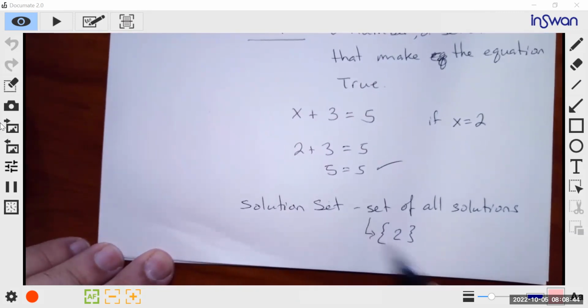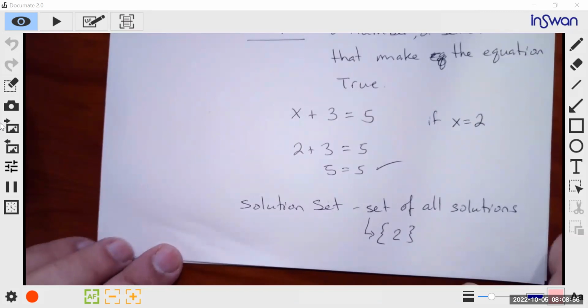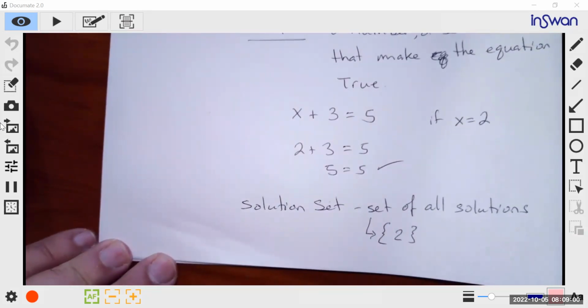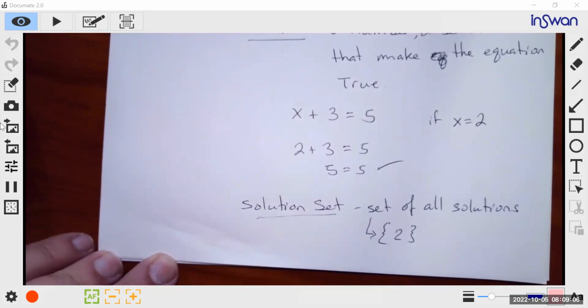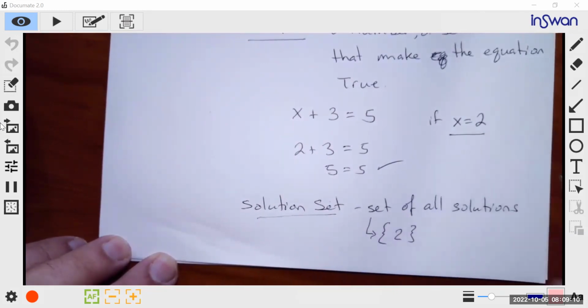Whenever you see those squiggly lines, that means you're talking about a set. So whenever you ask for a solution set, you're supposed to put whatever answers you have inside the squiggly lines. That's a solution set. If you ask for a solution, then just tell me what the variable equals.